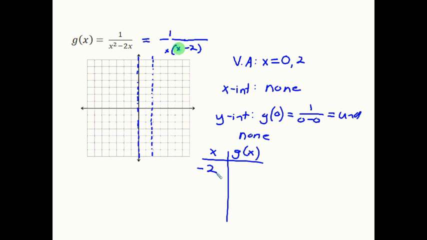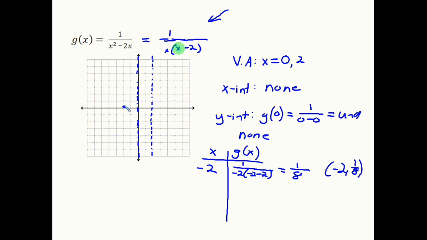That would give us 1 over negative 2 times negative 2 minus 2. I'm using the second form of our equation here. Simplifying that, that gives us 1 over 8. So one point is negative 2, 1/8, which is way down here.